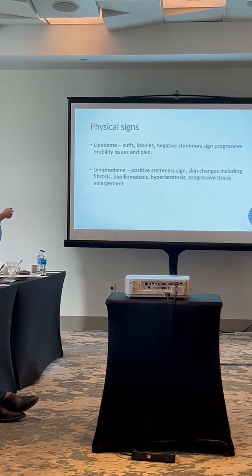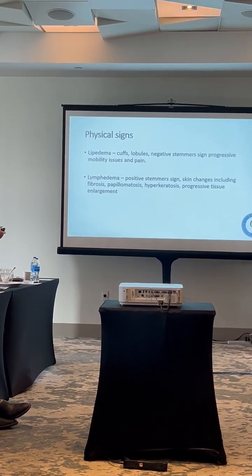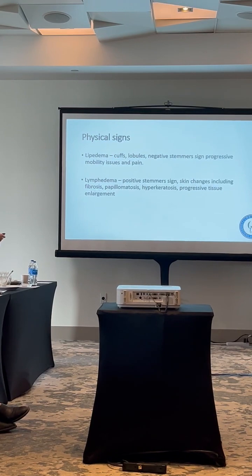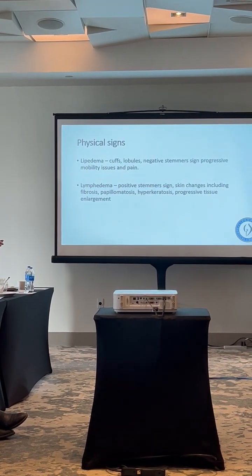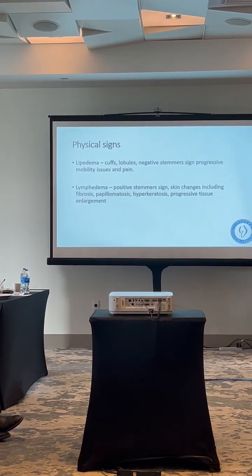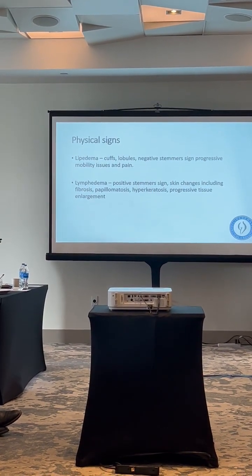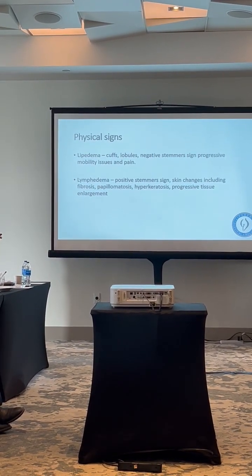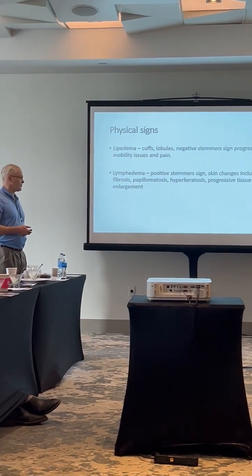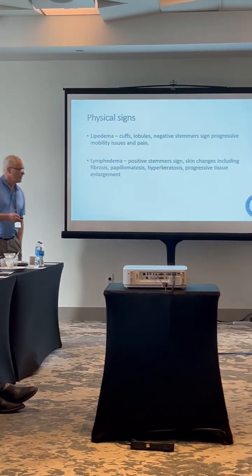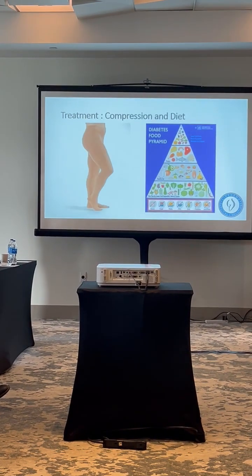So again, these are the physical signs. Lipedema typically has a negative Stemmer sign, and lymphedema has a positive. Later stages always include fibrosis, papillomatosis, and tissue enlargement.